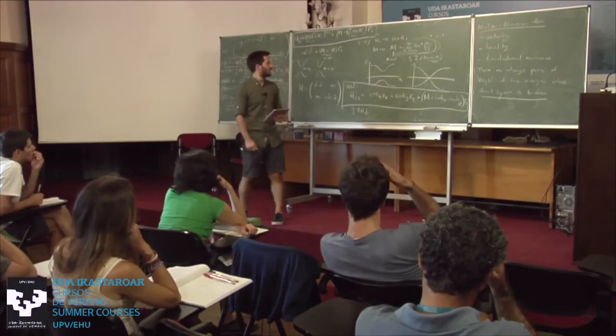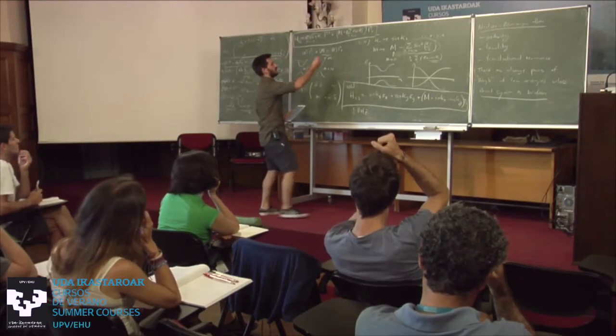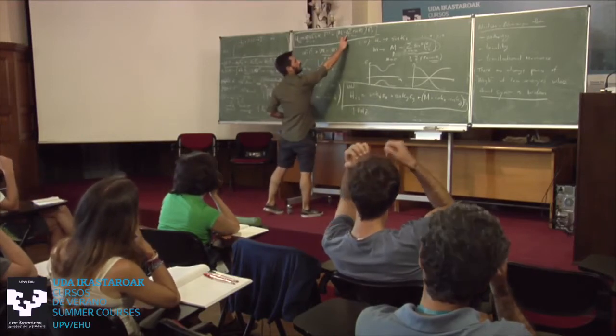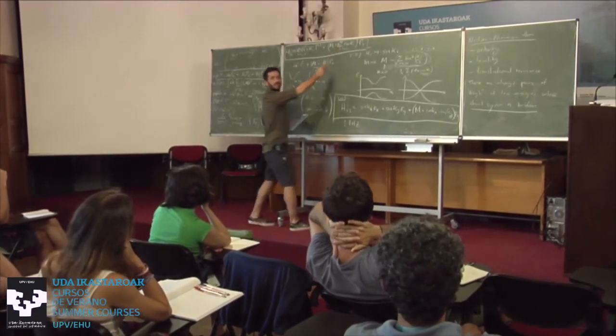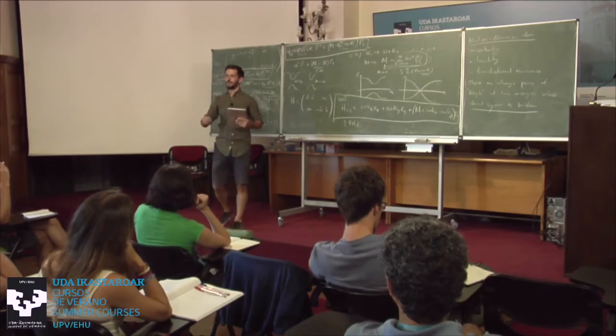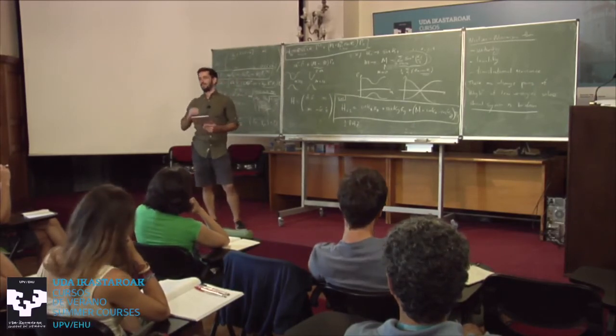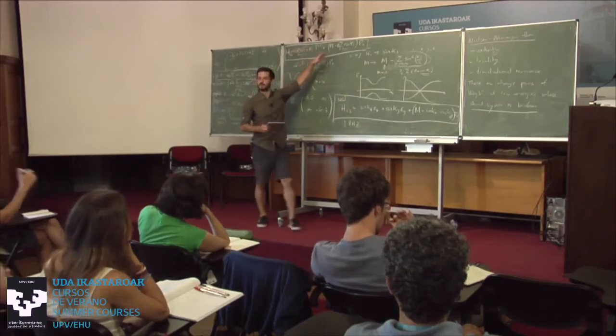You can start promoting things. For example, here I chose the same hopping for each k, but you can in principle have different coefficients here, same as here. You can have anisotropy. So you can try to model or fit some particular band structure by allowing these parameters to vary.